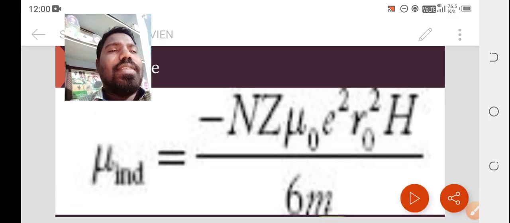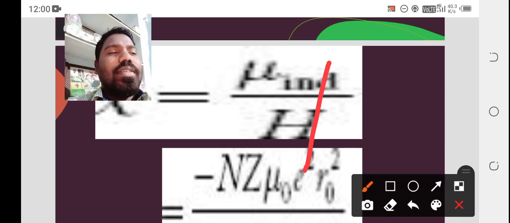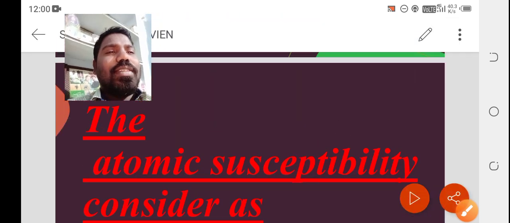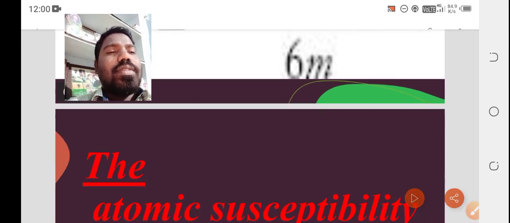So this is about the induced magnetic moment. Then what is the susceptibility? The susceptibility of the diamagnetic material is chi equal to mu induced by H. The value of mu induced is minus nZ mu naught H e square r naught square by 6m.